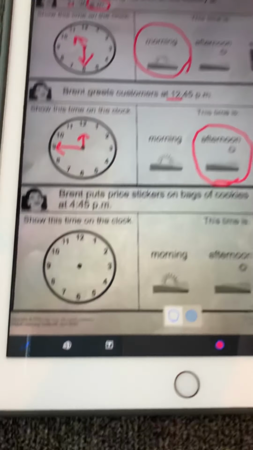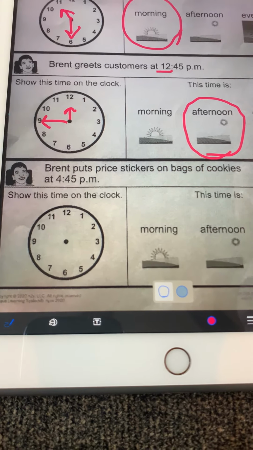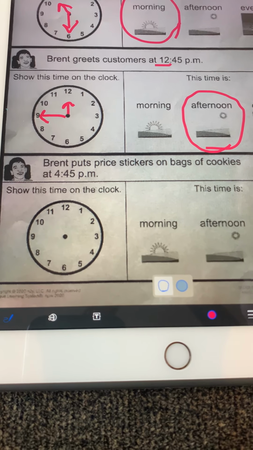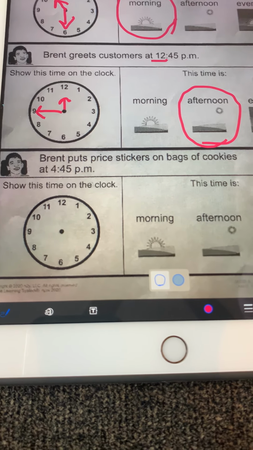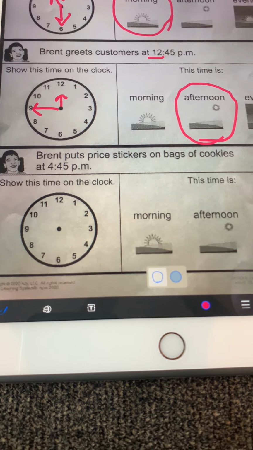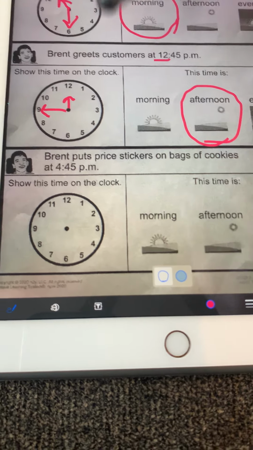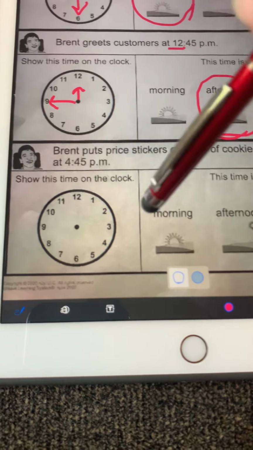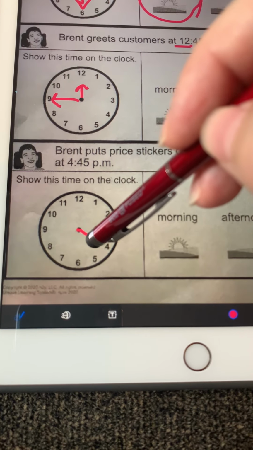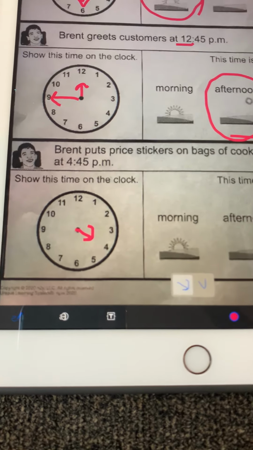And now we're going to move down here to the bottom question. It says Brent puts price stickers on bags of cookies at 4:45 p.m. It says show the time on the clock. So we have to start with our hour, which is going to be the 4. So we're going to make our little hand point to the 4.